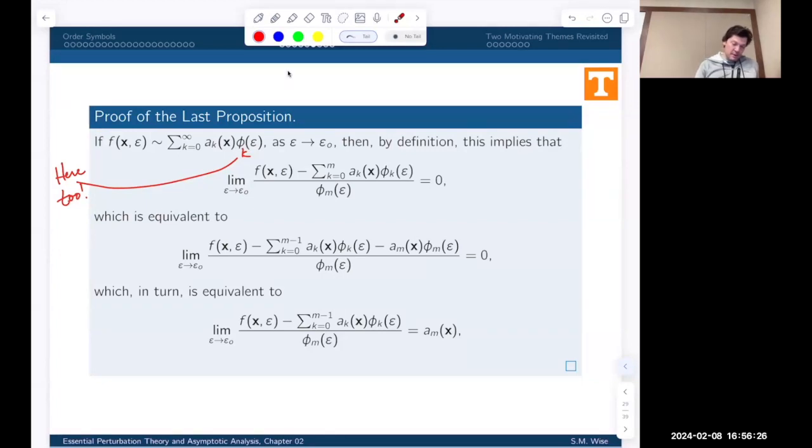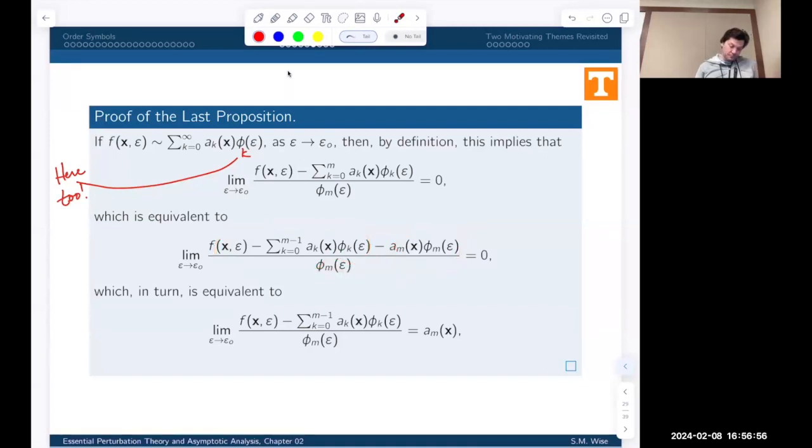Now I can pull off one term from this sum, and that highest order term of order m appears here. I can make this quotient into two quotients, the difference of two quotients, by separating out that term from that term.